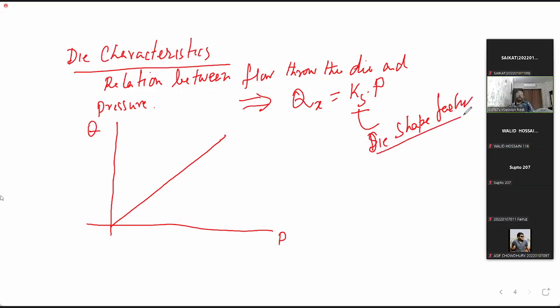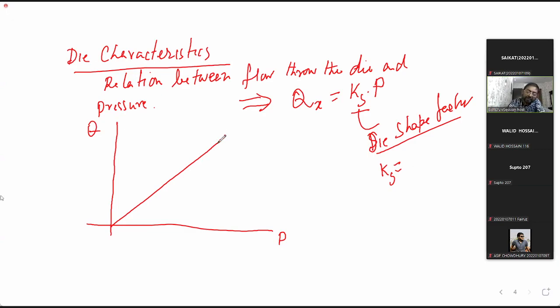So this will depend upon the die shape, and you will see for circular, it is given on the slide.